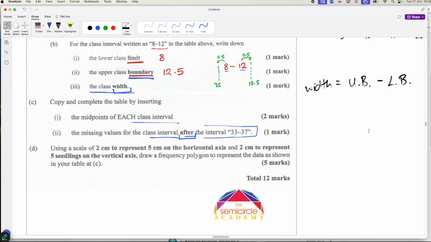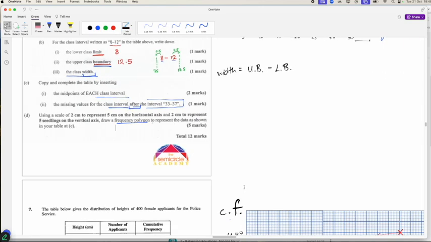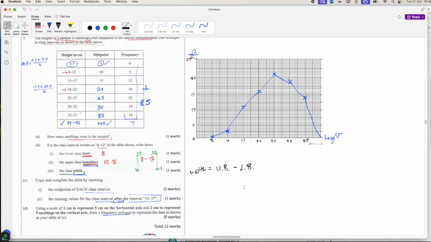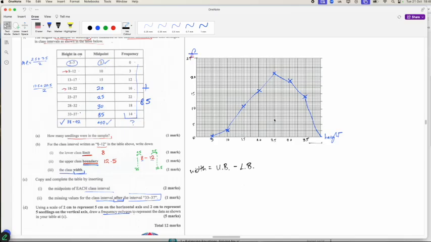And using a scale, draw a frequency polygon to represent the data as shown in your table, right? So you can see here the frequency polygon looks like a bell curve again. As I say, you could even see the bell when you look at the frequency itself.